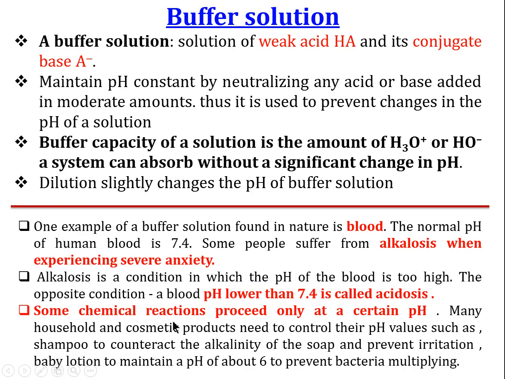Some chemical reactions proceed only at a certain pH, and many household and cosmetic products need to control their pH value, such as shampoo, to counteract the alkalinity of the soap and to prevent irritation, and also baby lotion, to maintain a pH around 6 to prevent bacteria from multiplying.